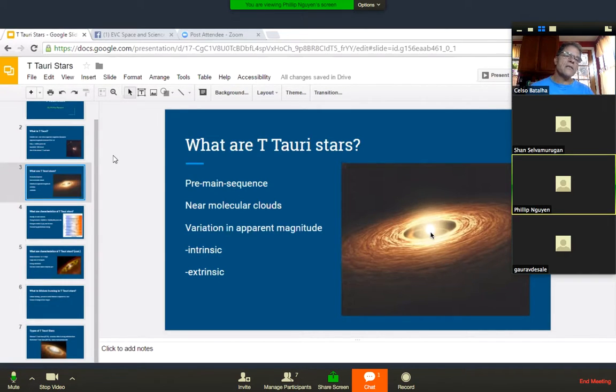For instance, the disk is not uniform. This is not a real picture, right? It's an image rendering what's going on. But certainly the distribution of gas in the disk is not uniform. So sometimes you might have more of that blob following the star, and then you increase the shock on the stellar surface, so you increase the temperature, increase the flux, and then increase the luminosity. So luminosity is therefore correlated to the accretion rate. Is that okay?